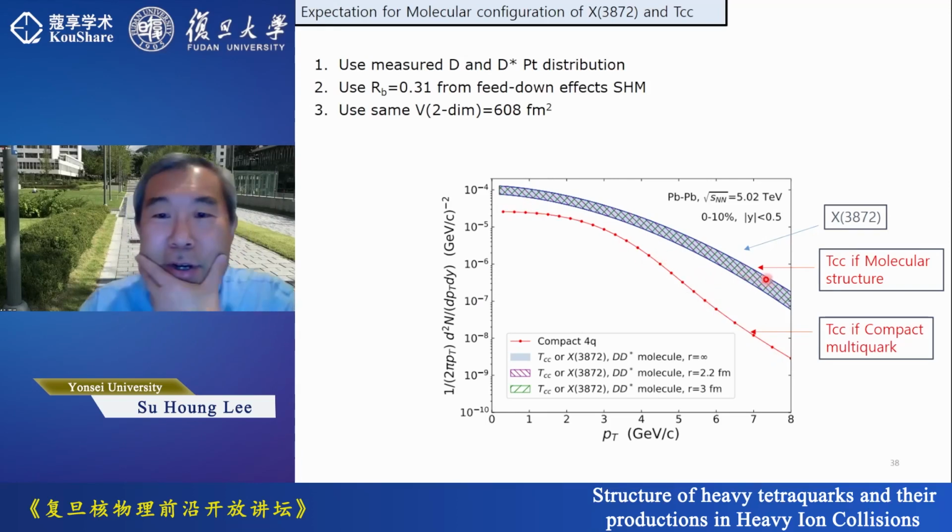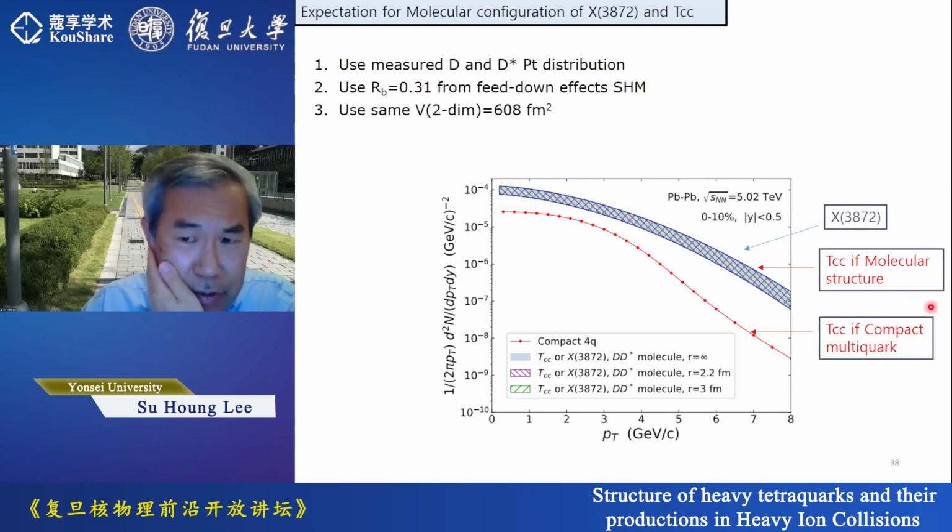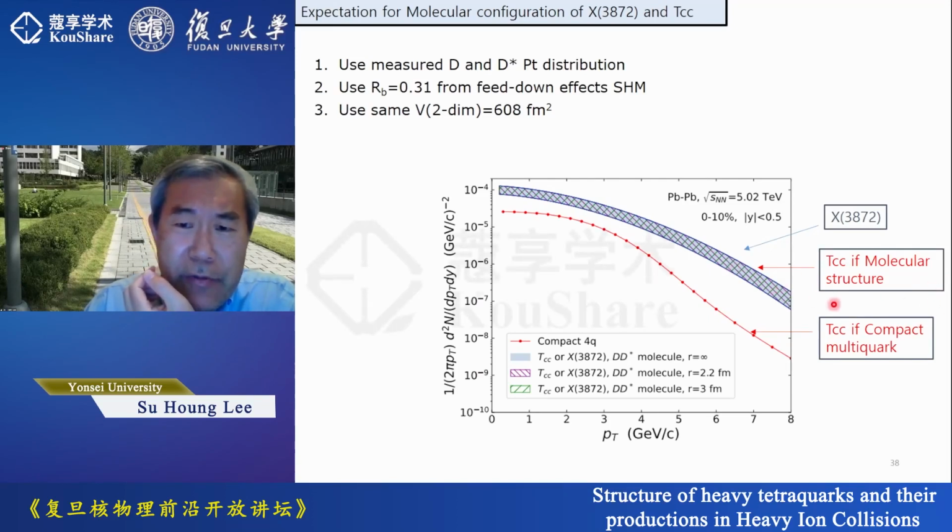So although the CMS collaboration measured this ratio for X at very high PT, if they are able to measure this PT dependence altogether, then you will be able to confirm that X is indeed a molecular configuration, just like a deuteron.